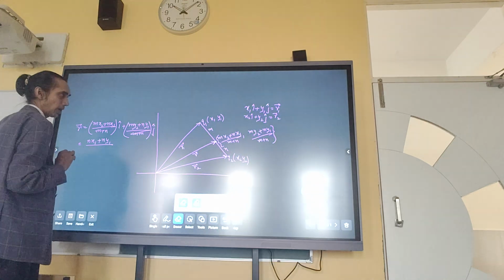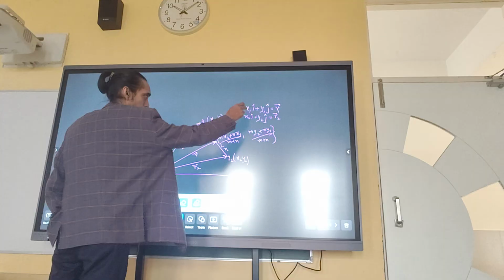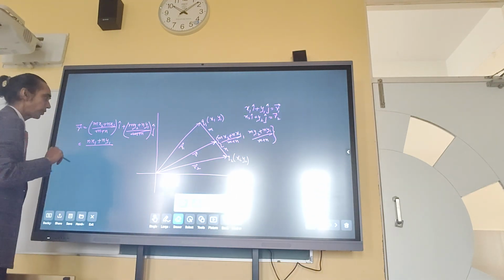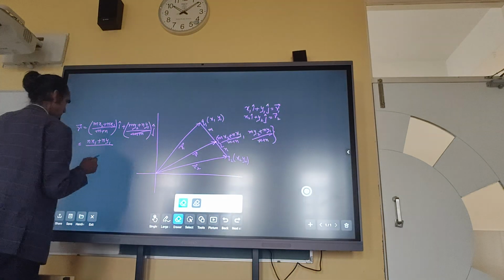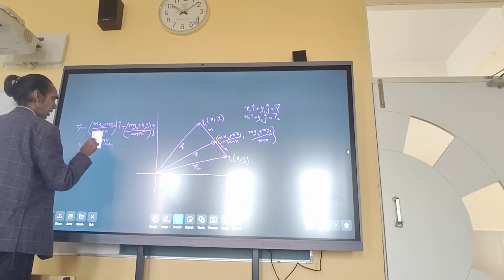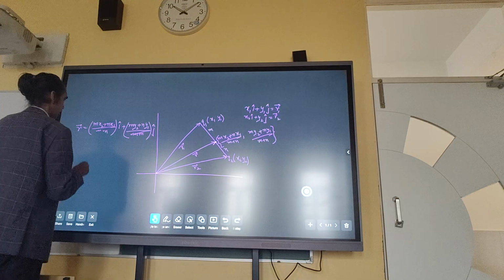I have to keep both I and j in mind because I have to work as per R1 and R2. So I want R1 and R2 to feature. You can write the way that I wrote, but if I want to continue with what I have written, I'll have to write over here I cap is equal.